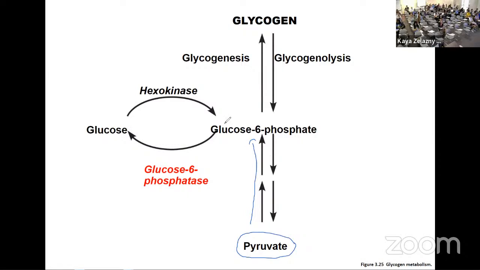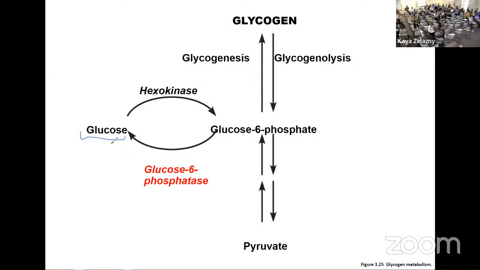If we want to get glucose 6-phosphate out of a glucose molecule, you use hexokinase. So lots of reversible processes here. Okay. The reason you might want to get glucose 6-phosphate out of a glucose molecule is if you have lots of glucose in your blood, right? So you're in a time period of high blood sugar, say you just ate a really sugary meal, right? Maybe you ate a donut or something.